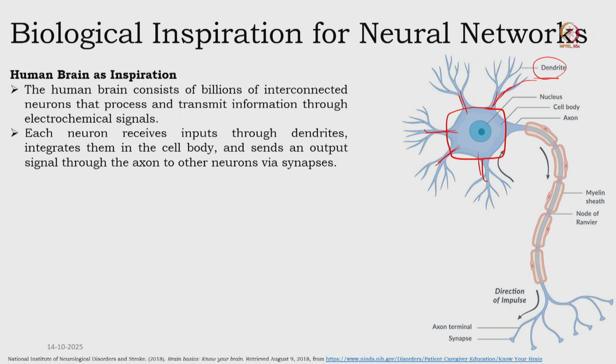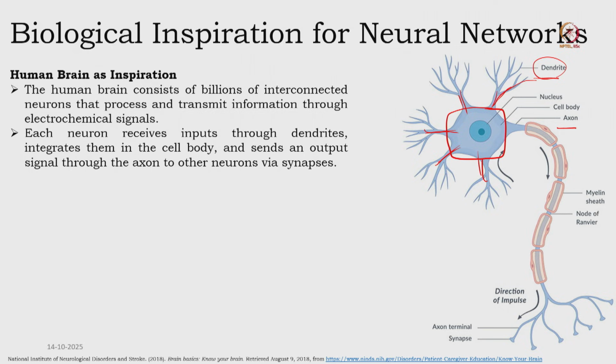The entire portion is called the cell body, and inside it the nucleus is responsible for the integration of all the input coming from the dendrites. Once the information is processed, it is transmitted through an axon, and it carries an electrochemical signal.